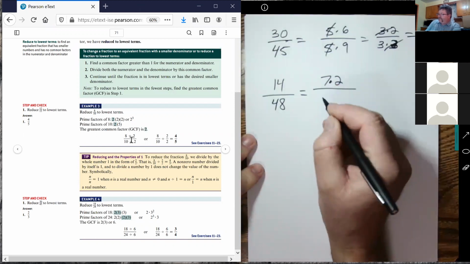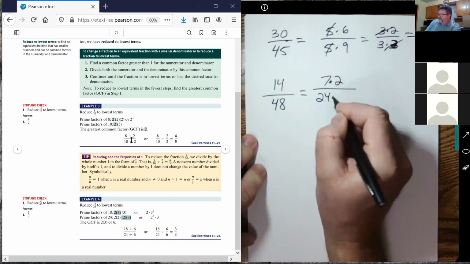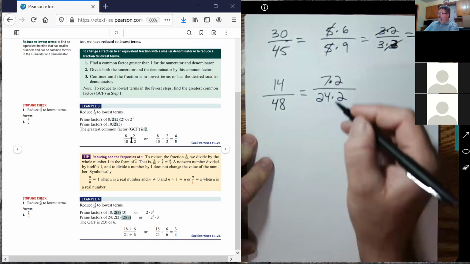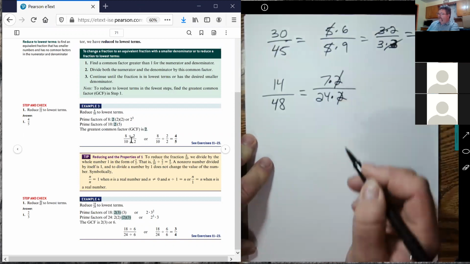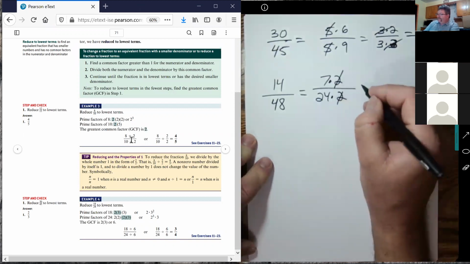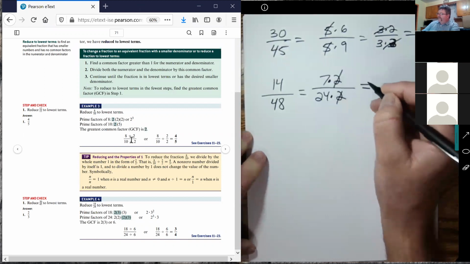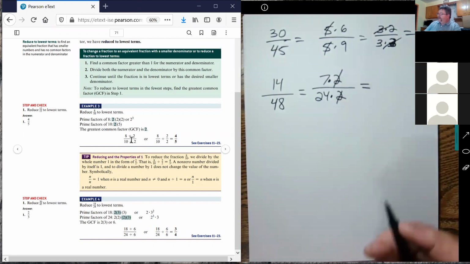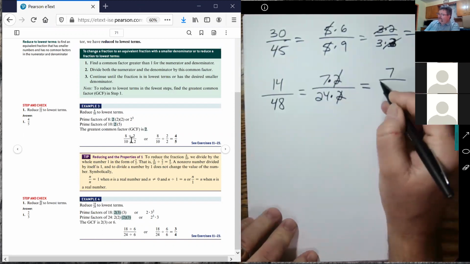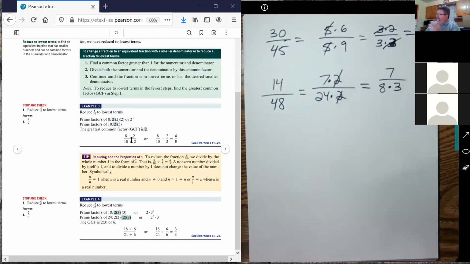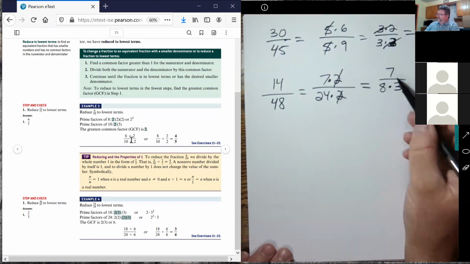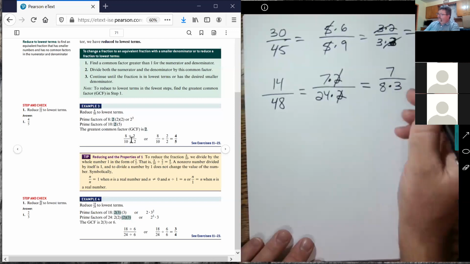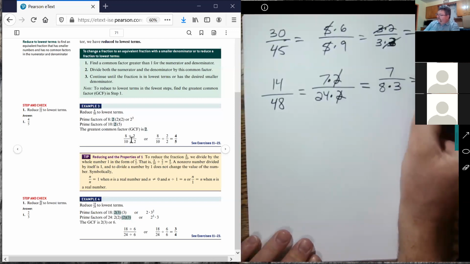And 48, I could say, is 24 times 2. And the 2s are gone. Well, this one might not have been a great example because we're done, but we'll do another one. The next step would be to say, can I cancel that 7 somehow? Is there a 7 hidden inside my 24? Maybe you'd even start factoring the 24 and say 8 times 3 is 24, but nothing's going to cancel here, right? So we would leave it as 7 over 24.